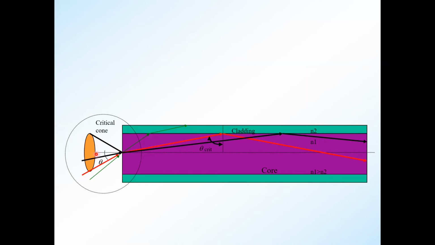And again, what does this numerical aperture depend on? It depends upon the core cladding profile, and the relation for this is given by numerical aperture is given as square root of n1 square minus n2 square, where n1 is the core refractive index.